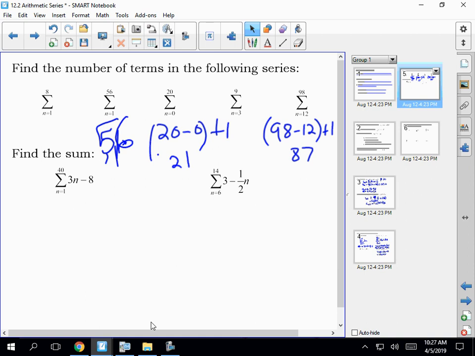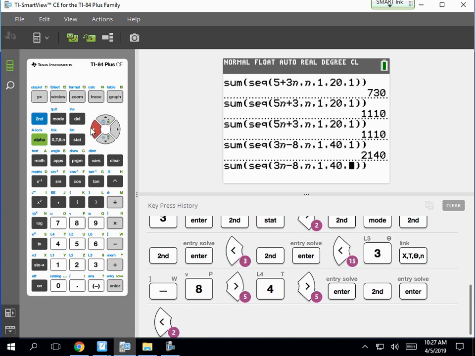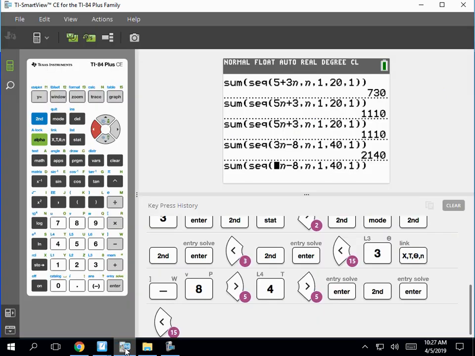And then the second one goes from n equals 6 to 14. So what would change on my calculator entry here? If I hit second and enter, I can recall that line. What's going to change here? 3 minus 1/2 n, and we go from 6 to 14.